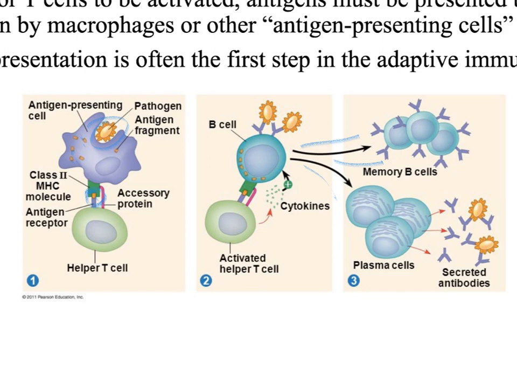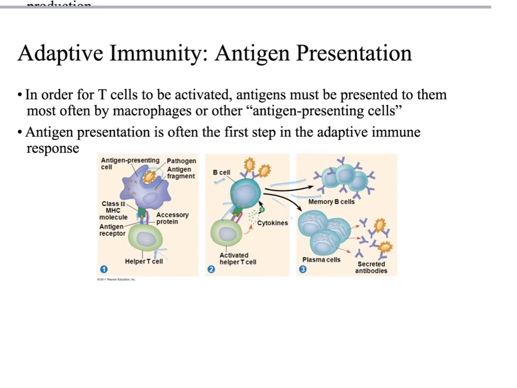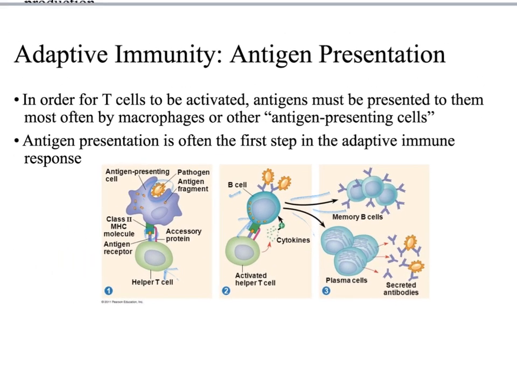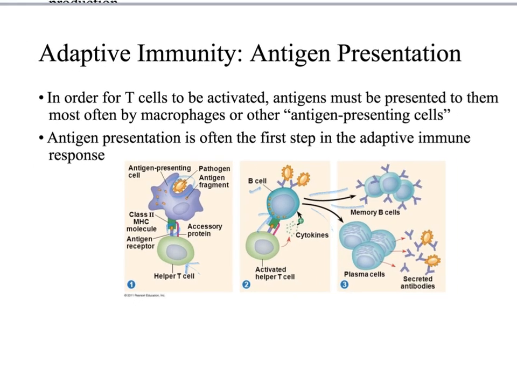In the case here, this helper T cell that's been activated then finds a B cell, and it activates the B cell to make more antibodies. So that's just one example. But you get the idea: antigen presentation is one cell presenting the foreign antigen to another immune cell so that that immune cell becomes activated and can then go out and do what it's designed to do.